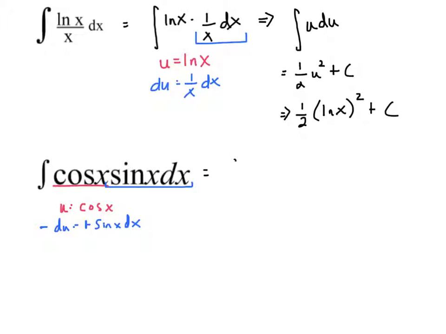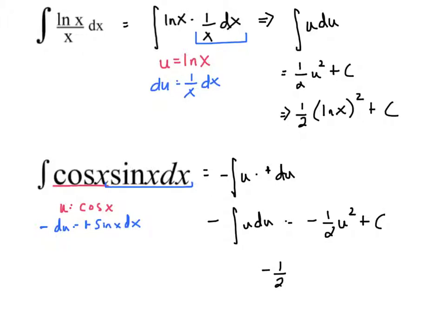So my integral becomes u multiplied by negative du, which I'd bring the negative out front just like a constant. So I just have negative integral of u du. Well, we already did this one, right? It's negative 1/2 u squared plus c. Substitute back in. So I'd have the cosine squared of x plus c, like that.